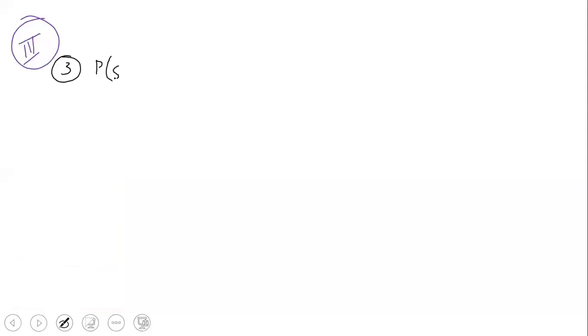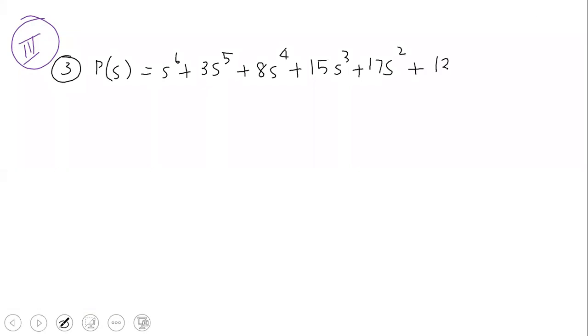P of S is equal to S raised to 6 plus 3S raised to 5 plus 8S raised to 4 plus 15S cube plus 17S square plus 12S plus 4. You have to separate out the even term and the odd term. So M of S is the even term. So S raised to 6 plus 8S raised to 4 plus 17S square plus 4.